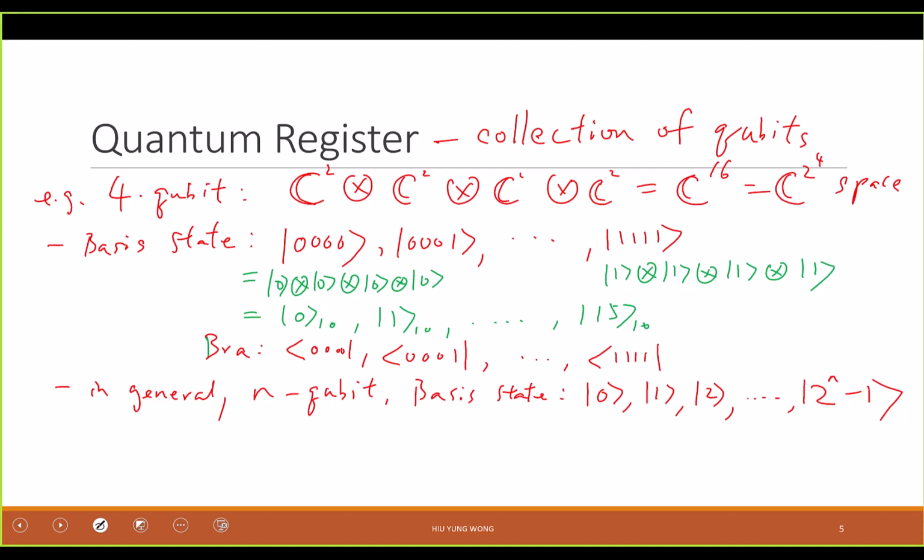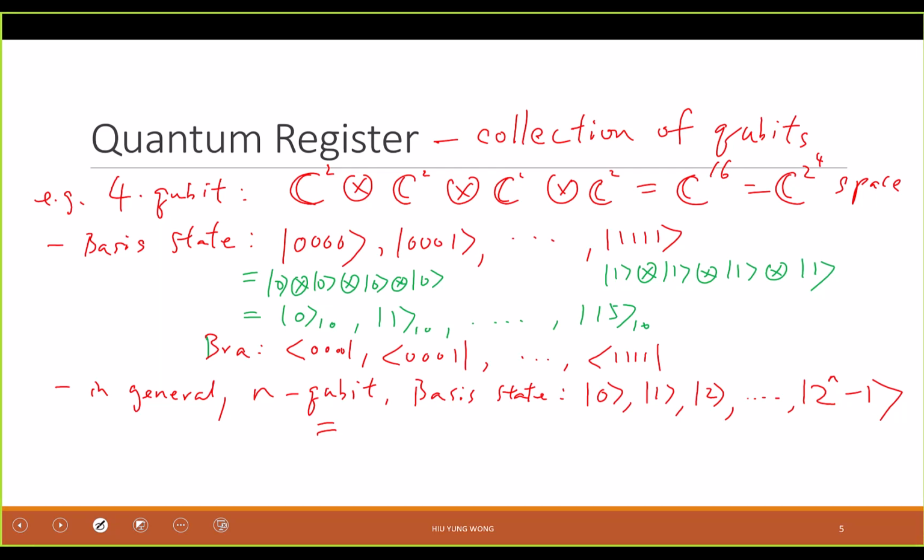Now, another way to write it is this. I can write all these basis states in binary.